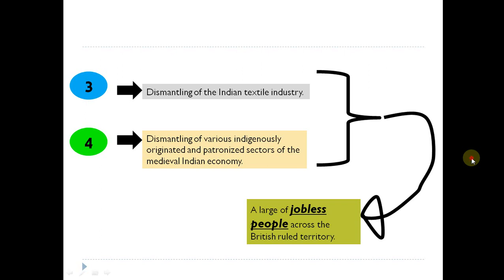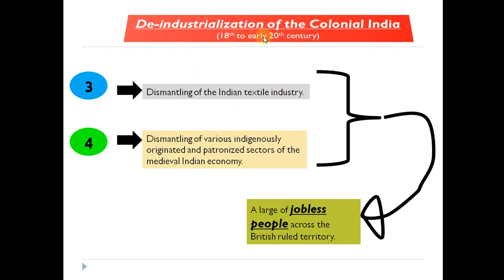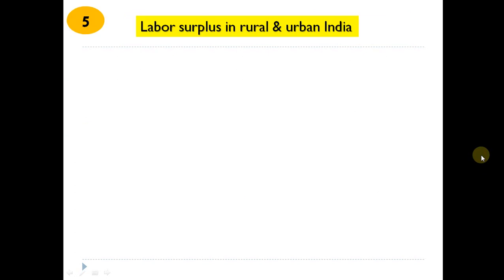This peculiar phase, which started from early 18th and lasted to the early 20th century, is referred to as the deindustrialization of colonial India. What was the result of deindustrialization of colonial India? Labor surplus, in both rural as well as urban India.